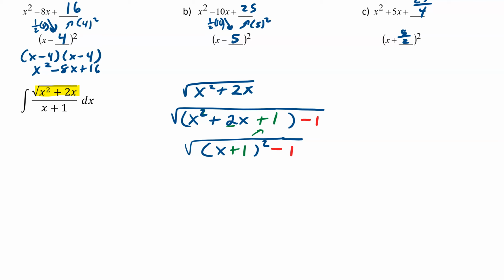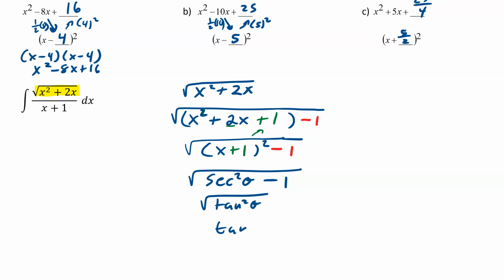Now you just have to find the trig value that matches. And so having an x plus 1 squared in the front, we know that that has to be secant squared theta minus 1. That's what it has to look like. So that it would become a tangent squared theta, which would become tangent theta.